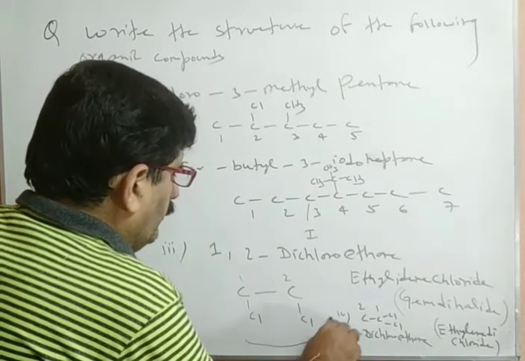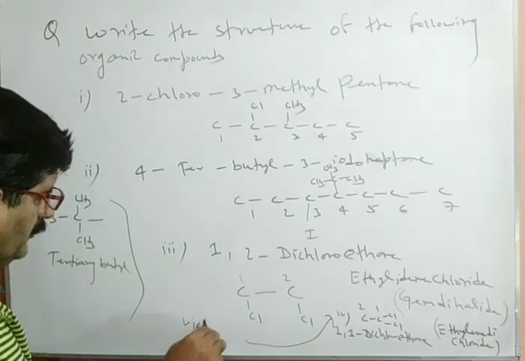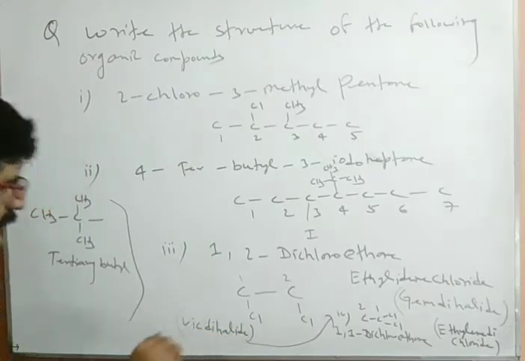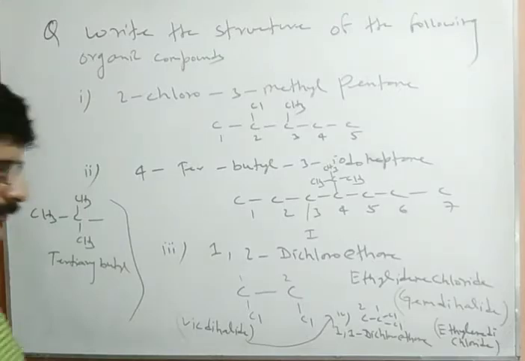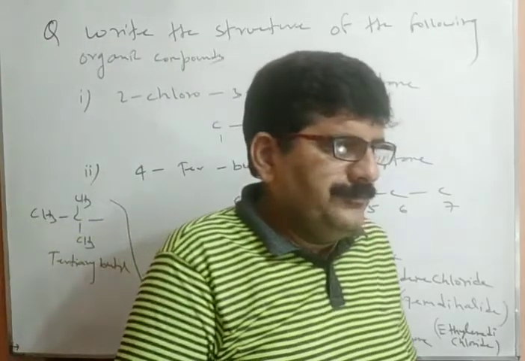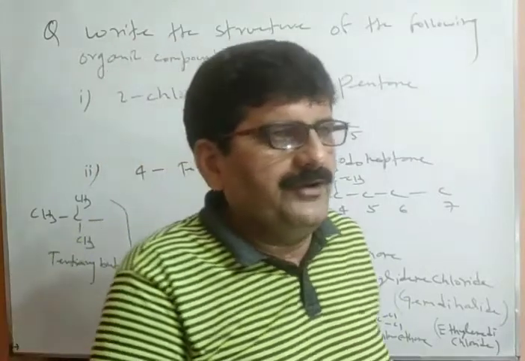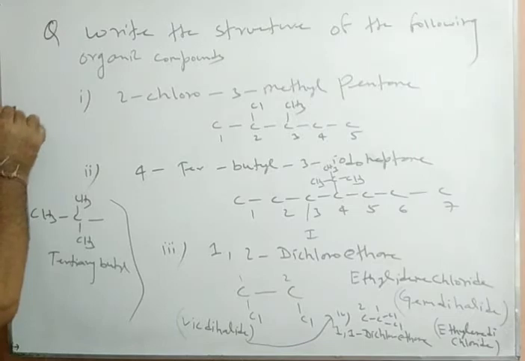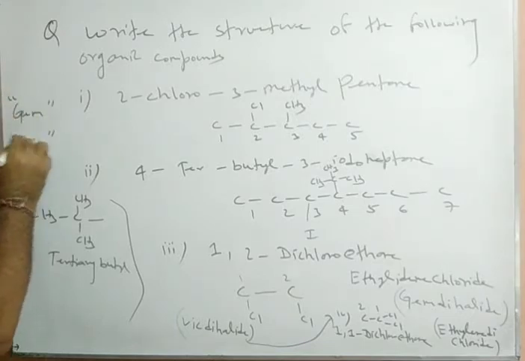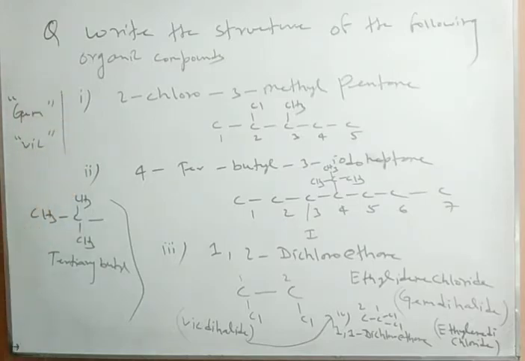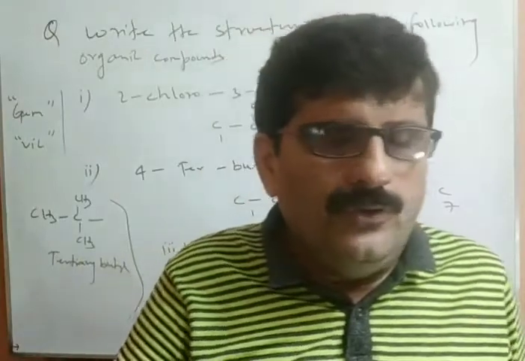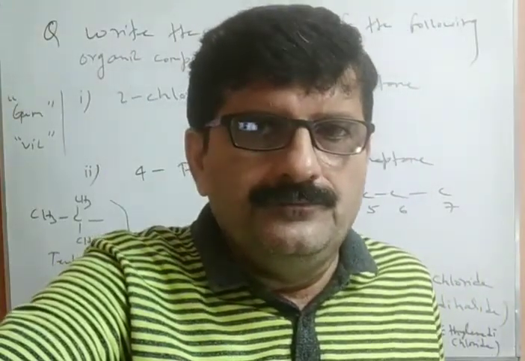In common name you can write what? Gem dihalide. Gem means similar halogen atoms present on the same carbon atom. Generally, gem and vic are used before the common names of organic compounds.